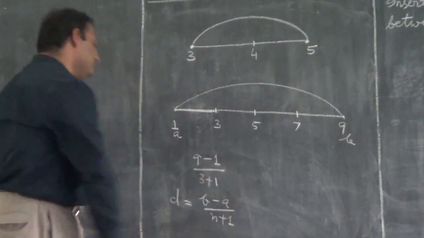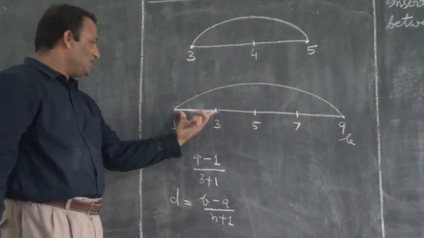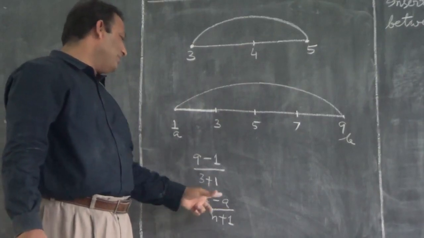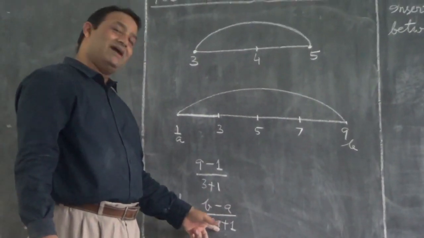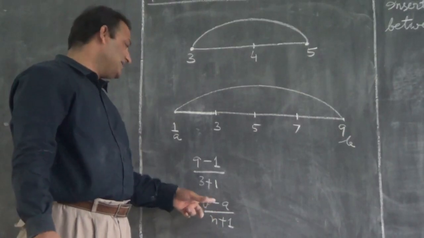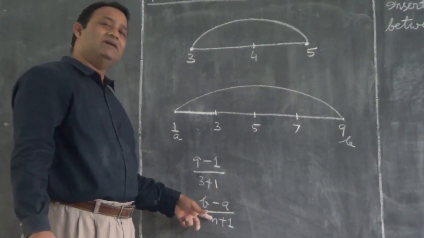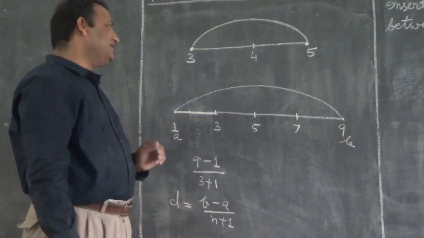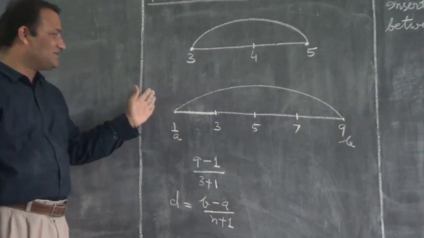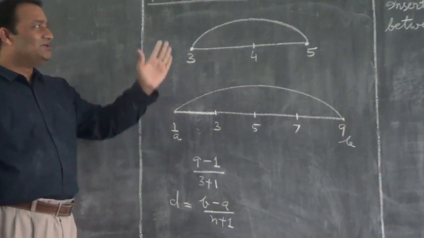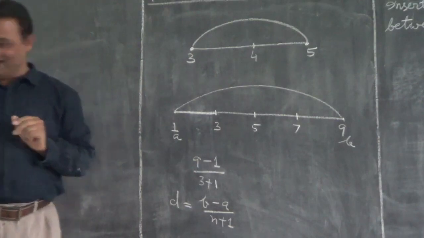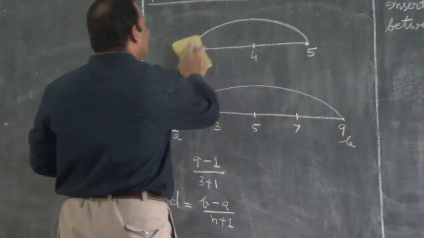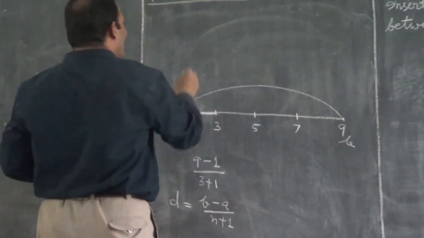So the difference between any two consecutive numbers will be (B minus A) by (n plus 1). This is the most convenient method and the most logical also. So by using this method, we have to now find 7 rational numbers between 1 by 3 and 4 by 5.